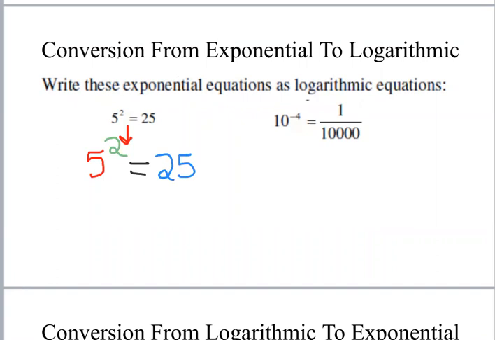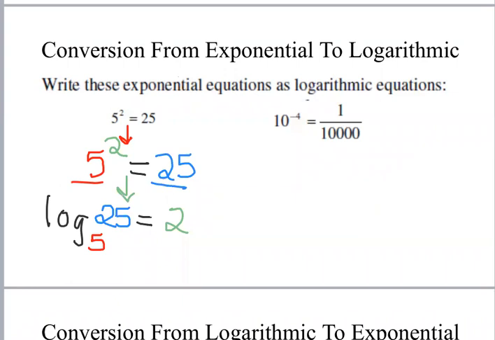We're going to have some log now with a base and an equals. What happens is the base of the exponent, the 5, becomes the base of your log. The answer you had originally, the 25, becomes the domain or input of the log, and the exponent goes on the other side of the equals, so it switches which side it's on. So those become equivalent to one another.